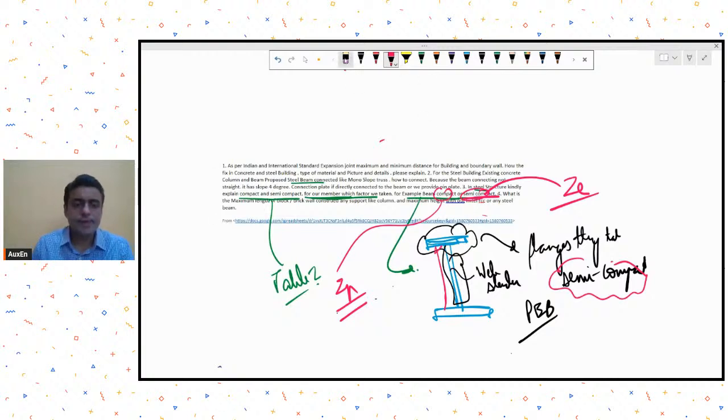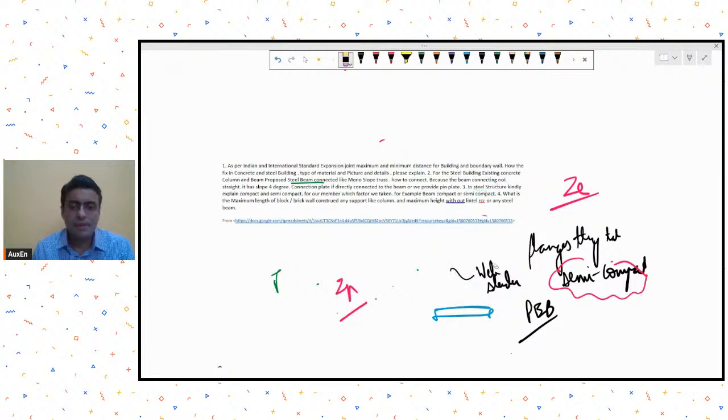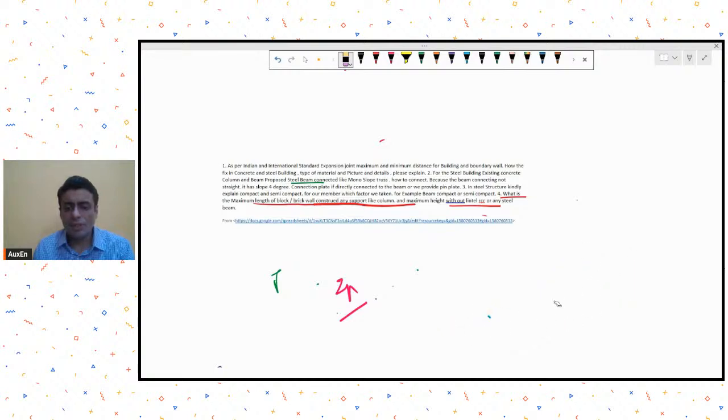Okay. Then his next question is, what is the maximum length of block or brick wall constructed by any support like column, and maximum height without lintel? So, see, maximum height, it will usually depend on what sort of loads your brick wall has to take.